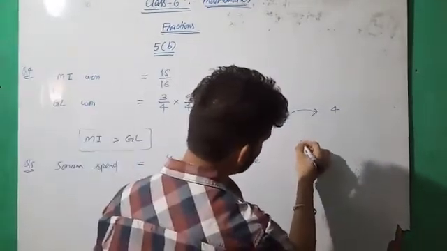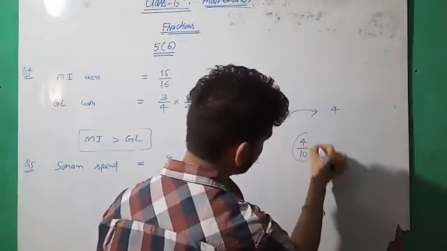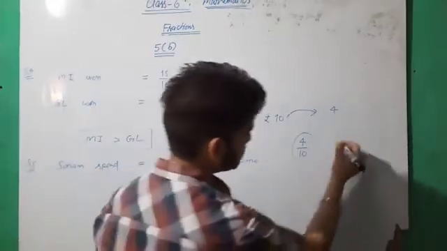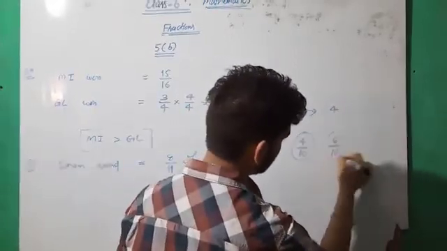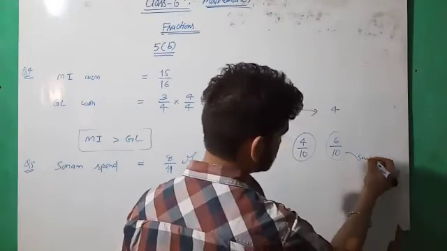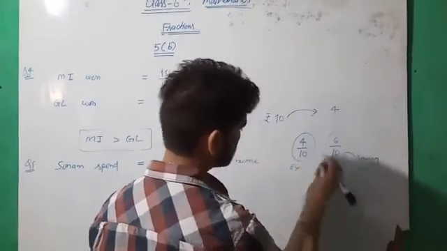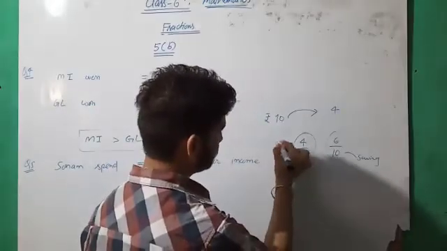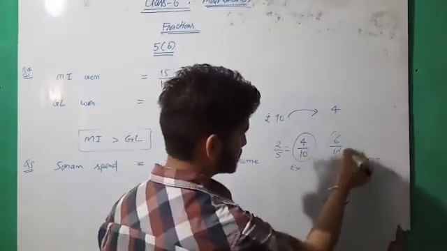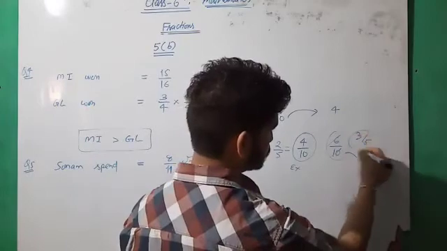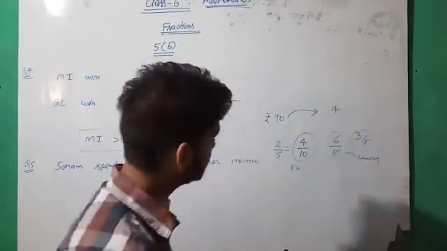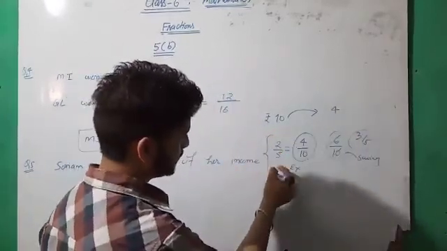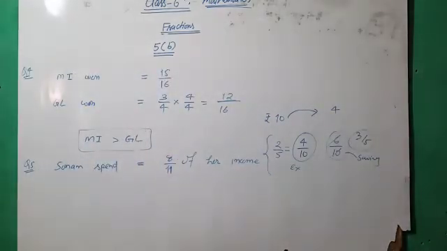So I can say that I spent 4 by 10, and the remaining 6 by 10 is the saving of my income. Okay, this is the saving and this is expenditure or what I spent. Okay, 4 by 10 means 2 by 5, and 6 by 10 means 3 by 5. So I save 3 by 5 of my salary, and 2 by 5 of salary is my expenditure.